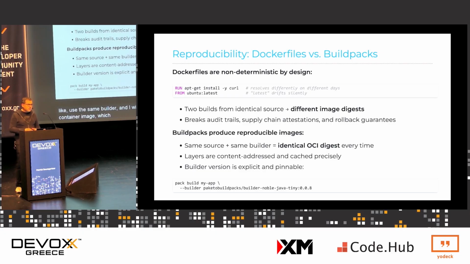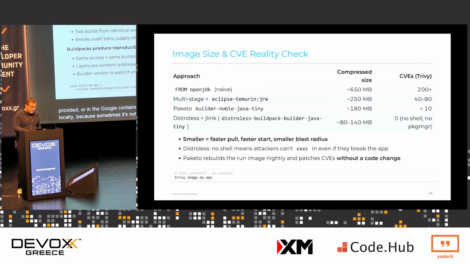So that's very important, especially if you consume open source and you want to check if what is provided on Docker Hub, for example, or in the Google Container Registry, is the same as you would build it locally. Because sometimes it's not, and we just trust others too much, right? So yeah, we could try.